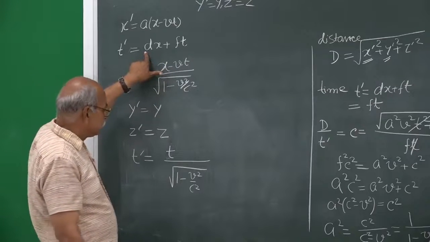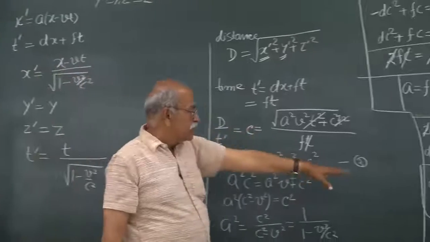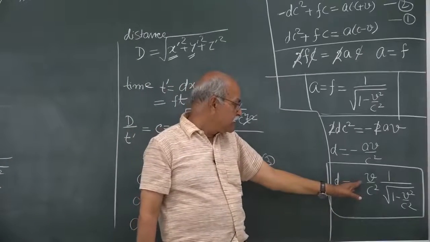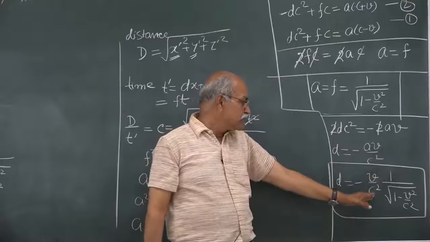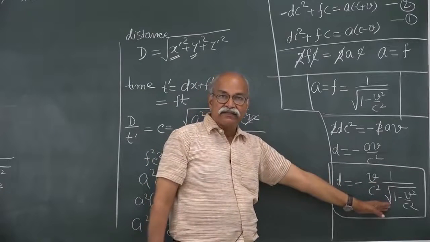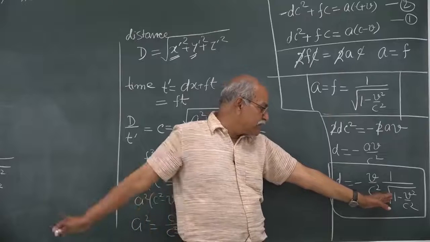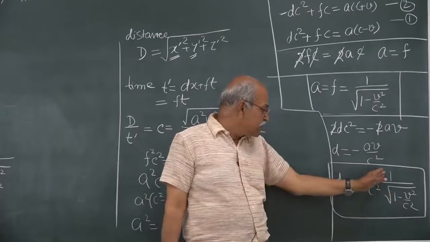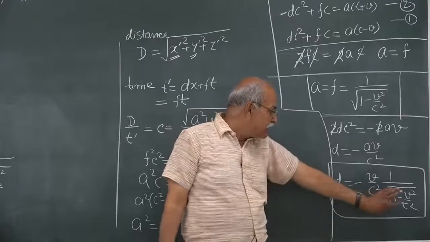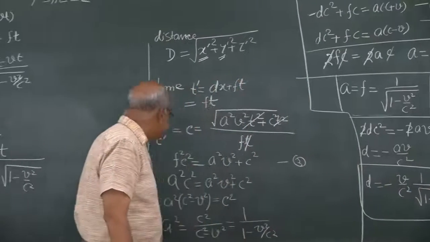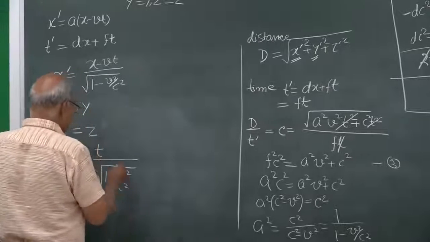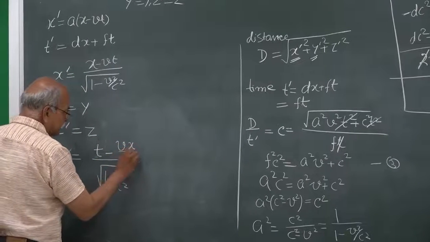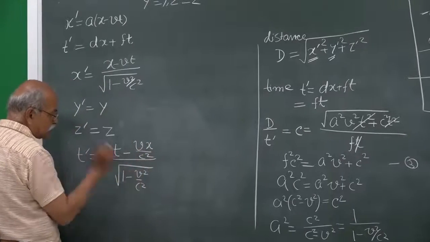What is d? d into x will be minus V into x by C square, and then this factor, which is the same as we had written there in the denominator. So, it is minus V x by C square, and in the denominator this.